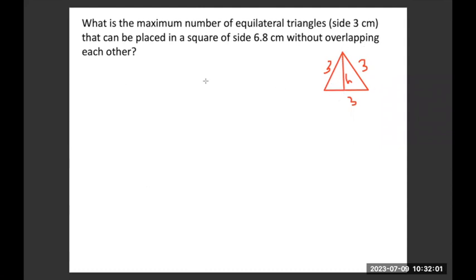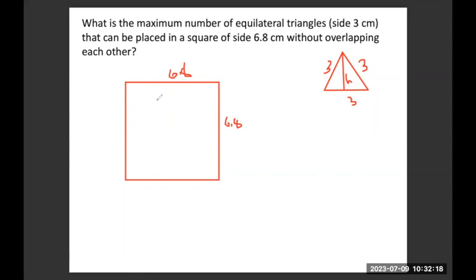I'm more interested in this height, because when I'm trying to fit it in a square such as this, which is of 6.8 centimeters, if I place this triangle, how much will this height be, or rather, how much will this distance be for the triangle to fit?